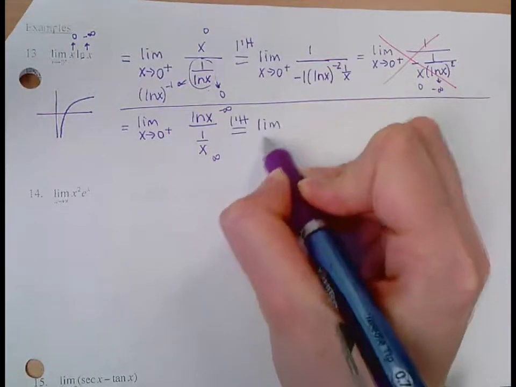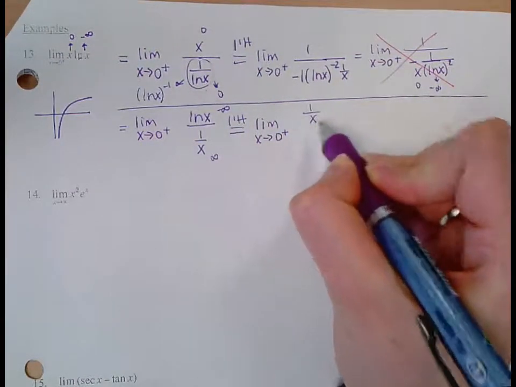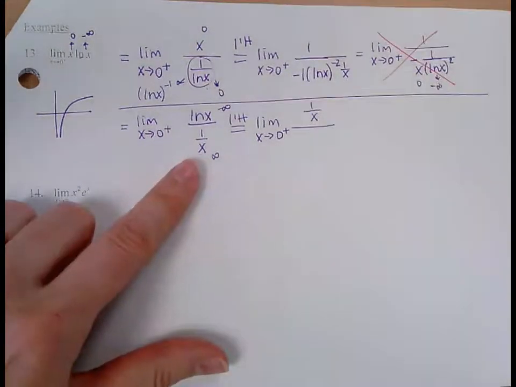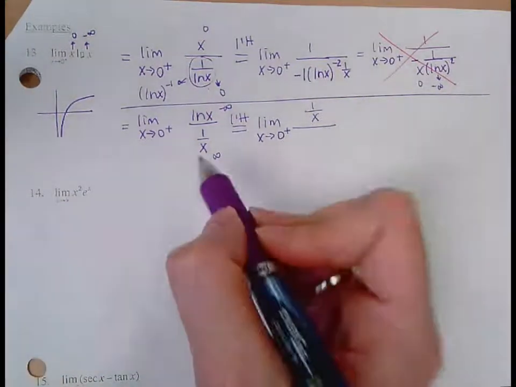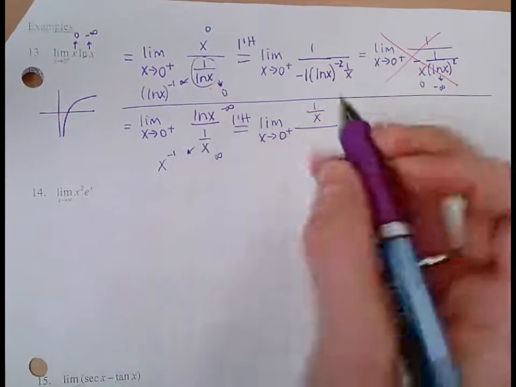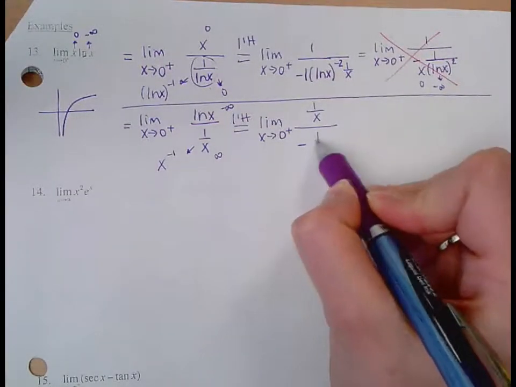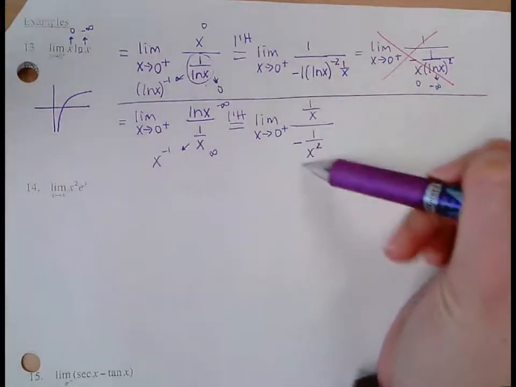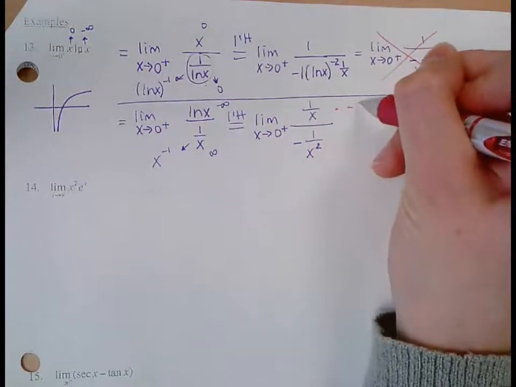And I have the limit then as x approaches 0 from the right. Derivative of natural log of x is 1 over x. And then derivative of 1 over x would be negative, because this would be x to the negative first. So it'd be negative x to the negative second, which is negative 1 over x squared. And that may not look like a better form. However, if I simplify this, this means I'm really multiplying by a negative x squared over 1.